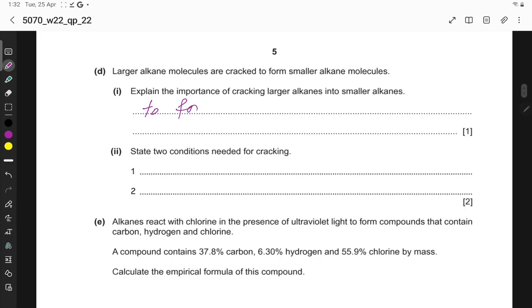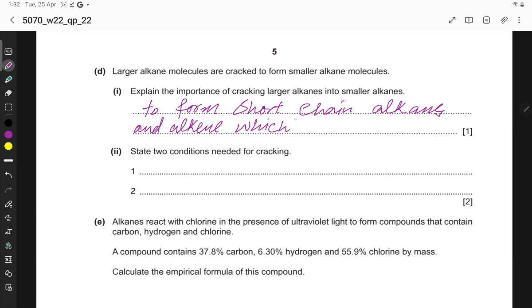To form short chain alkanes and alkenes which are in more demand.